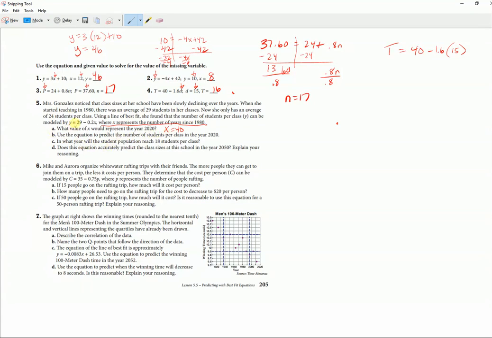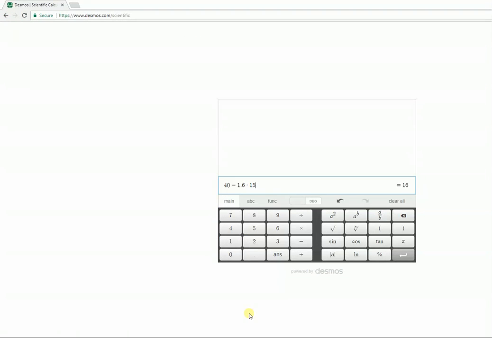Then we're going to use the equation here, and plug in the 40 for x. So we'll write our equation: y is equal to 29 minus 0.2 times 40. I'll type it in: 29 minus 0.2 times 40.